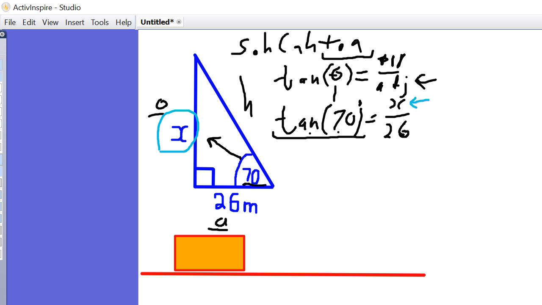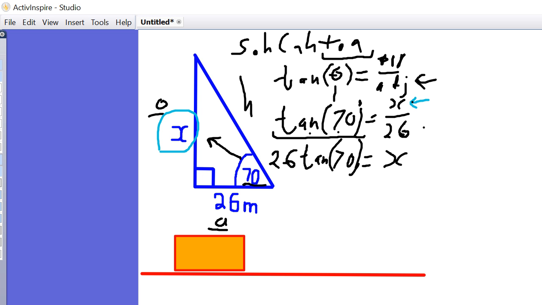I'm just letting you know so that when I do this next bit you're not confused. To get the x by itself, I multiply both sides by 26, because this is just like any other normal equation. We've got one unknown, this x up here, and this is just a 26, so I multiply both sides by 26 and I've got 26 lots of tan 70.